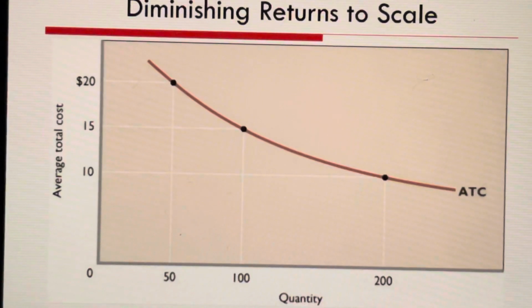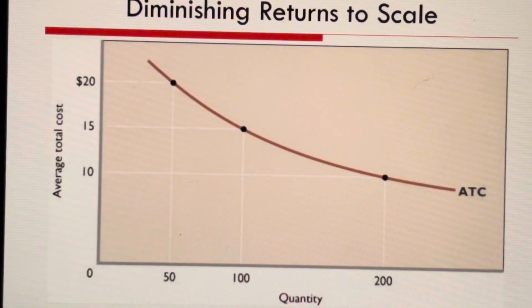When the quantity increases to 100, then the amount decreases to $15. Similarly, when the quantity increases to 200, then the amount decreases to $10.